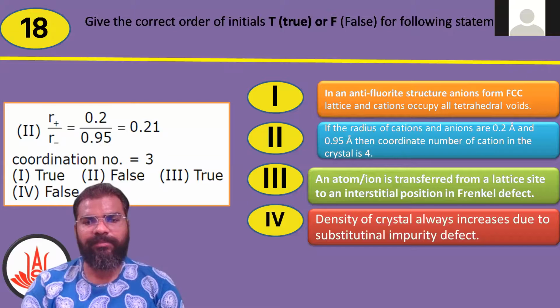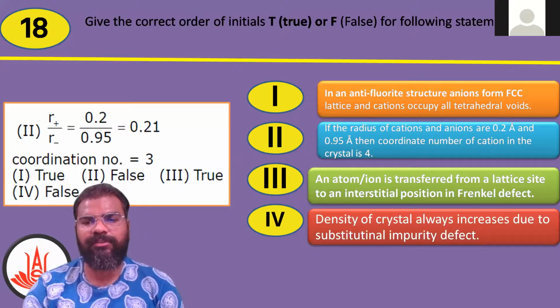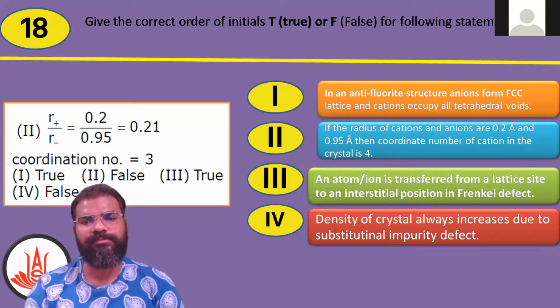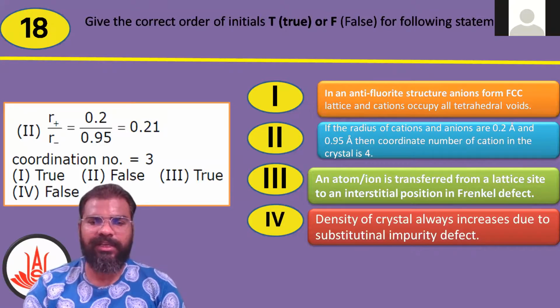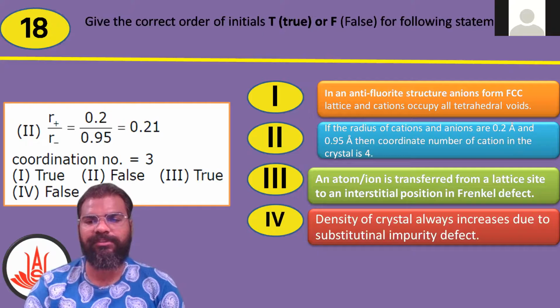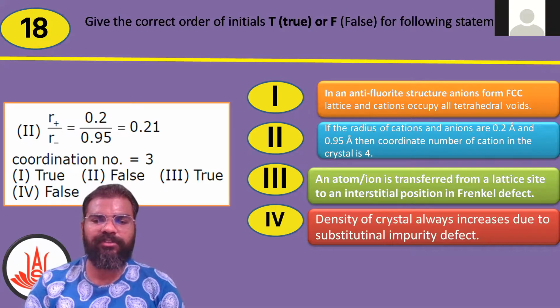In an antifluoride structure, anions form an FCC lattice and cations occupy all the tetrahedral voids. Or if the radius of the cations and anions are 0.2 angstrom and 0.95 angstrom, then coordination number of cation is 4. फिर क्वेश्चन ऑप्शन दिया गया है, an atom or ion transferred from the lattice site to interstitial position in the Frenkel defect. And the next and last option they have given, density of crystal always increases due to the substitutional impurity defect.